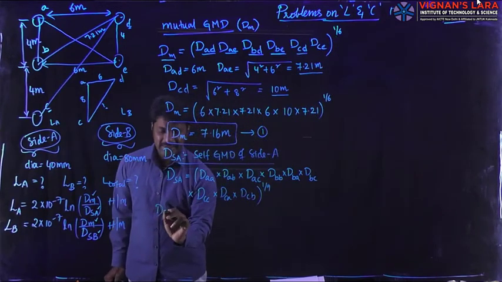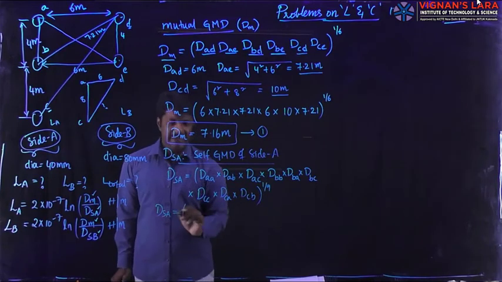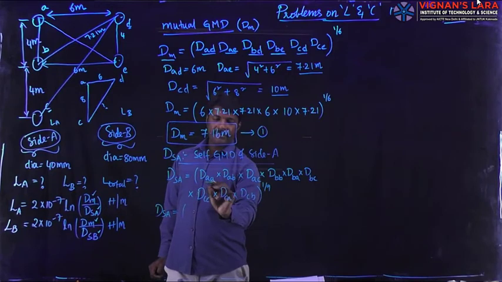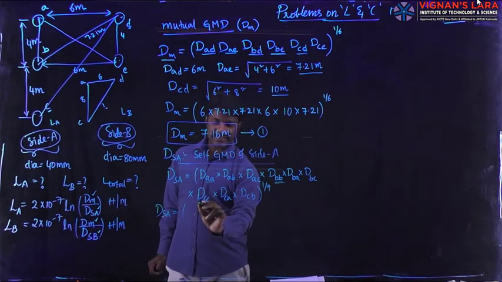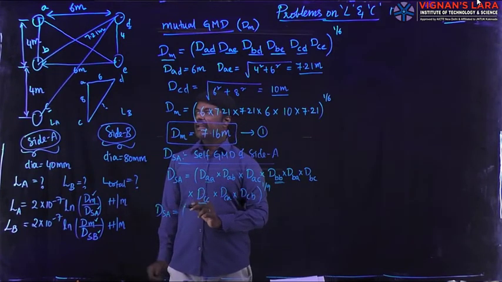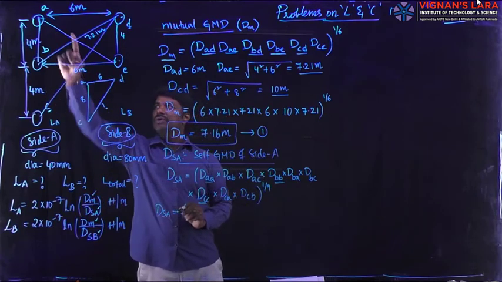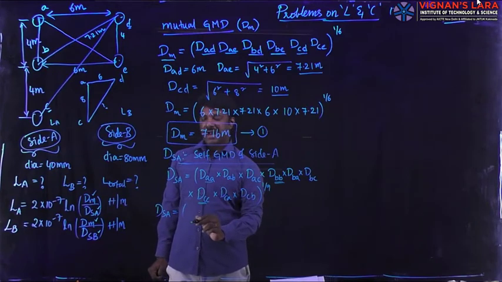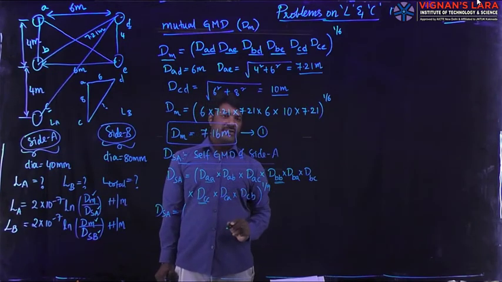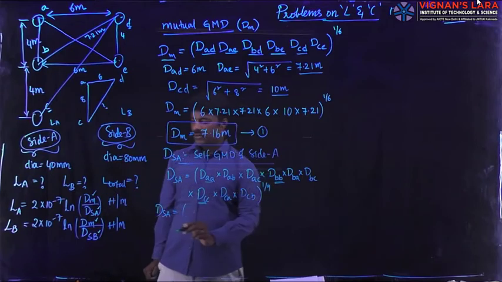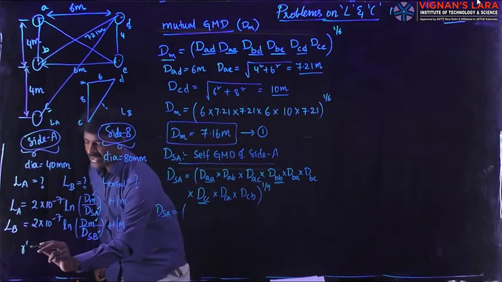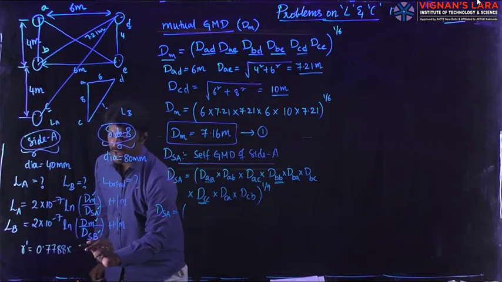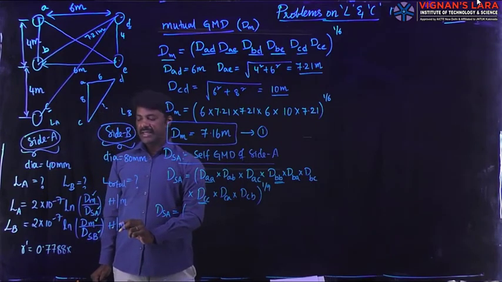Then the DSA value is equal to, directly I am substituting the values. If you calculate DAA, DBB and DCC, what are these three? They are self GMDs of their own conductors whose values are R dash. Then what is R dash? R dash is nothing but a fictitious radius which will be helpful for us, whose magnitude is R dash equal to 0.7788 into R, where R is the radius of the conductor.